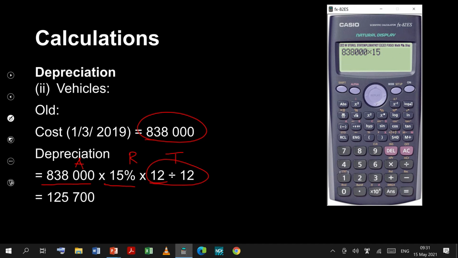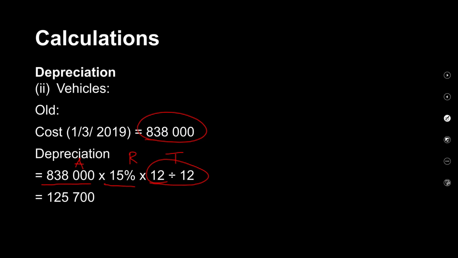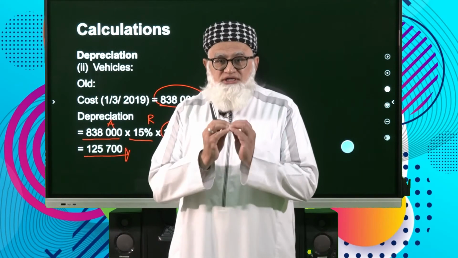Let's redo our calculation. 838,000 times the 15%, okay, and there we go, will give you a figure of 125,700. So that figure was in fact correct. So what have we done? We've calculated our depreciation on the old vehicles.